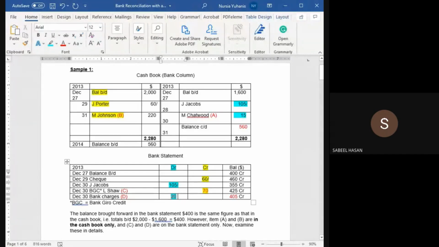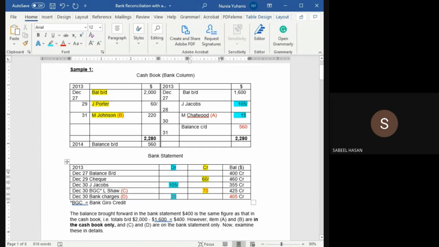No, it's not here. It's not in your cash book. So this item you mark as whatever number you like. For example, here they put it as D. And then you compare the credit side of your bank statement with the debit side of your cash book again. This one is there, we already ticked it here, but this one is not there.